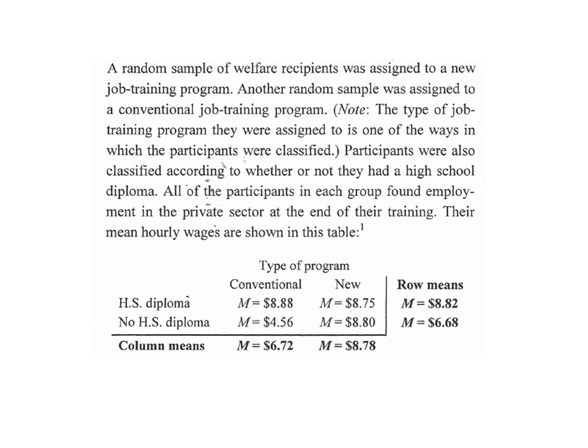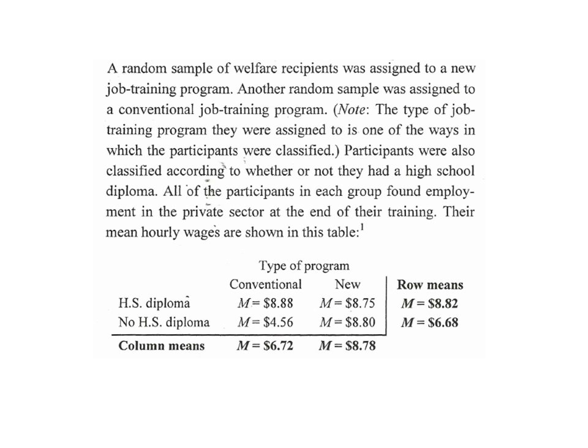So when we look at the column means, which is $6.72 for the conventional program and $8.78 for the new training program, these suggest that overall the new program is superior to the conventional one. In other words, if we just ignore whether the participants have a high school diploma, the new program seems to work better than the conventional one.